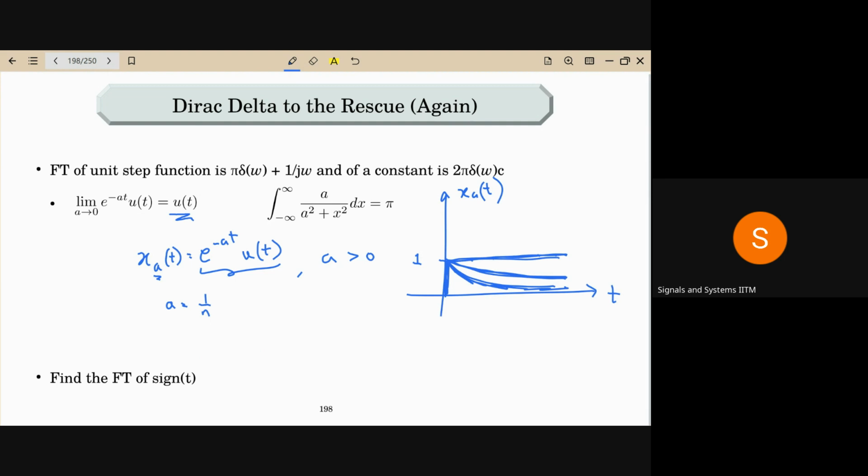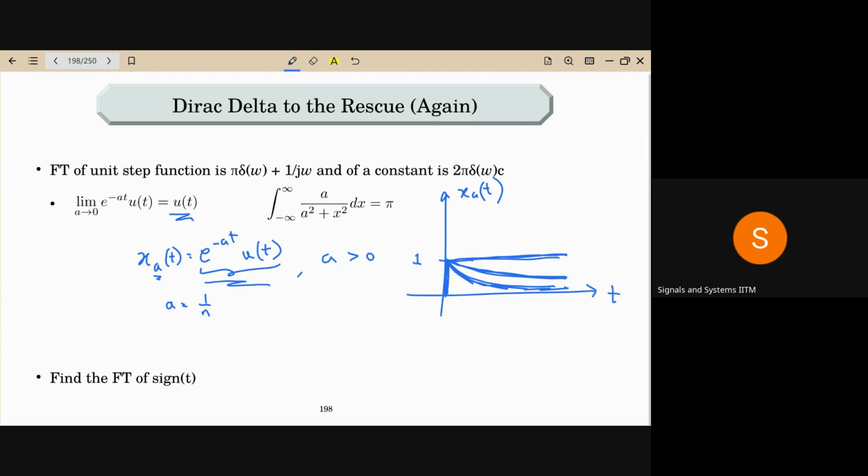Now, why is this useful to us? What we're going to exploit is that each x_a(t), of the form e^(-at) u(t), has a Fourier transform. Because every signal in this sequence has a Fourier transform, we'll say that the Fourier transform of the limit is equal to the limit of the Fourier transforms of each element.